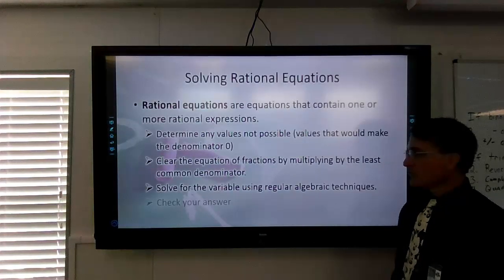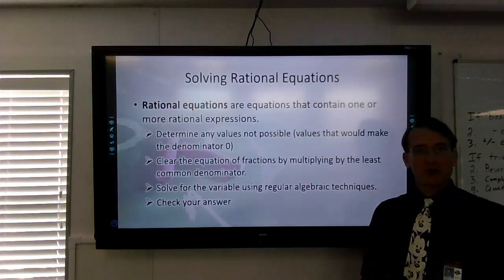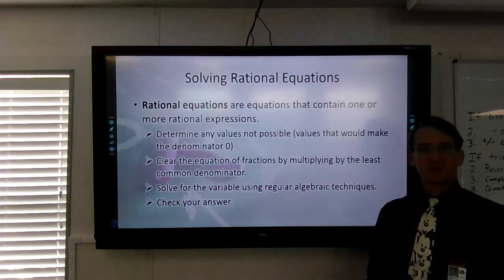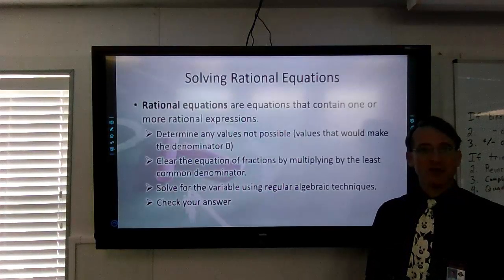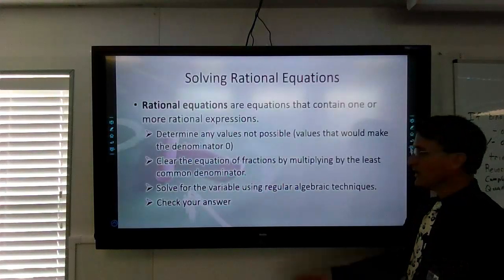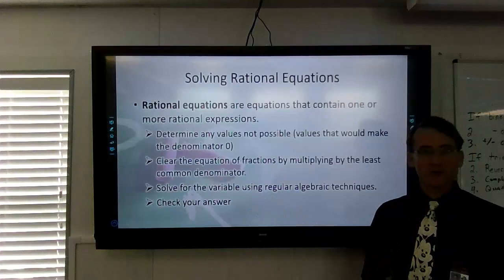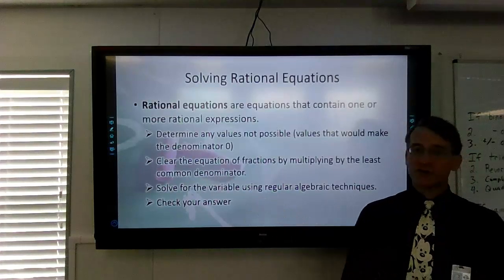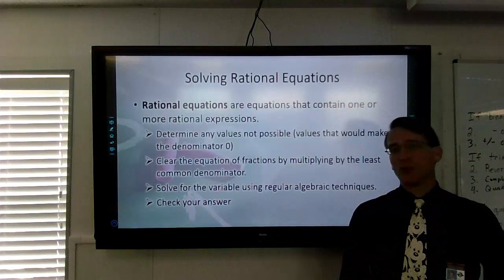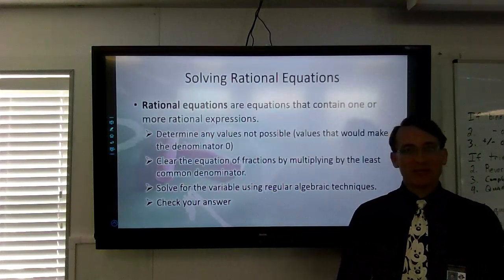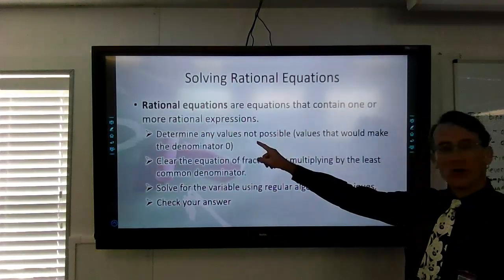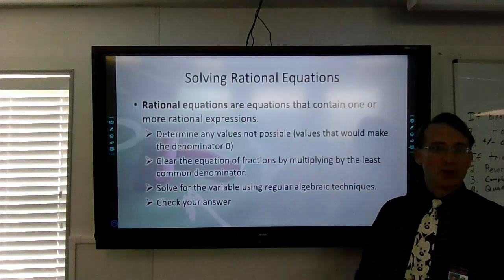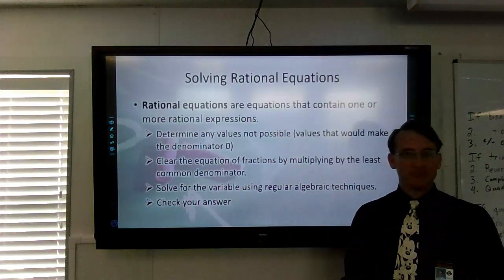Then we are going to solve for the variable using our regular algebraic techniques: addition, subtraction, multiplication, and division. Once we've done that, we want to make sure we check our answer, because we can have extraneous roots, answers that don't really work in the problem, particularly if it falls here where we have a 0 in our denominator.